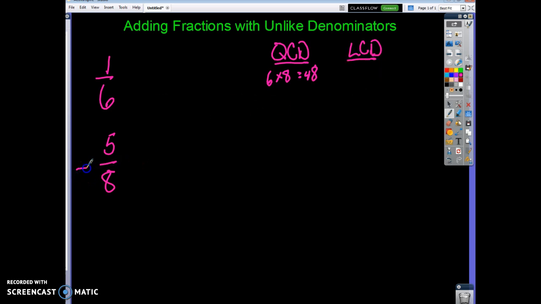So if I'm going to add these two fractions, I am going to write them down as common denominators with the lowest common denominator. We're going to use this LCD method, which means I need to take 6 here and 8 here. I make my t-chart and I do times 1, times 2, times 3, times 4, and we'll go to times 5.